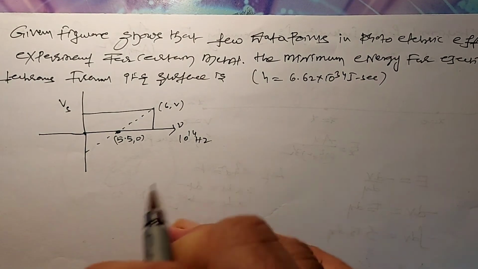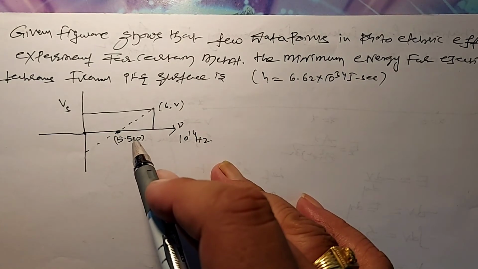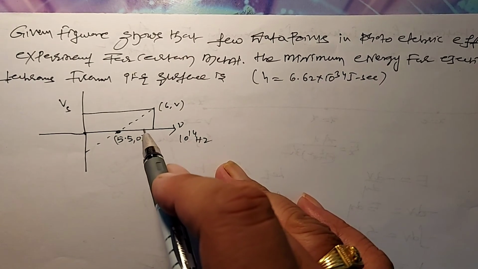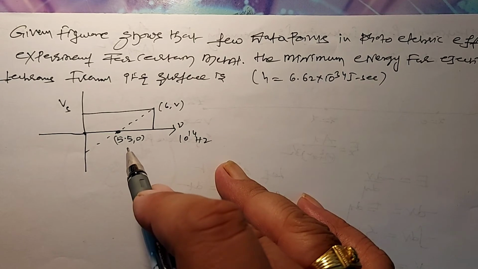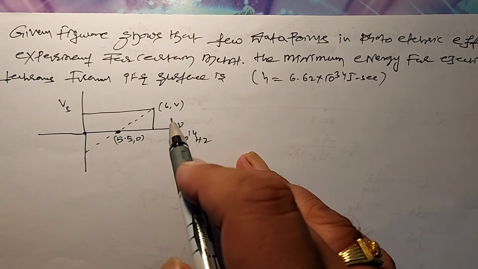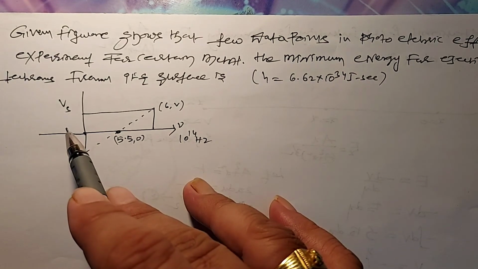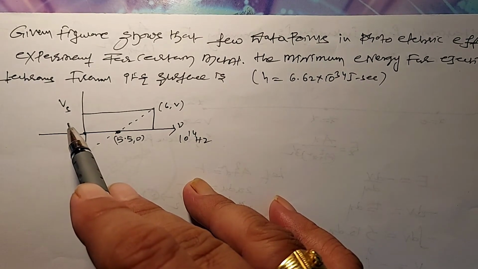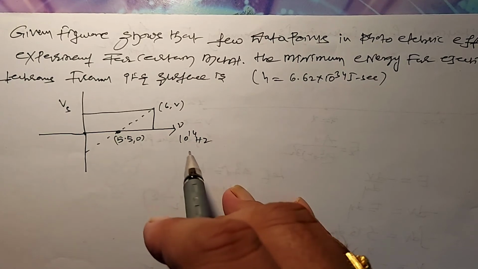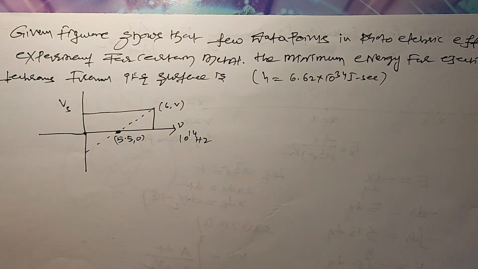Here a few data points are given in a photoelectric experiment: this is 5.5 comma 0, this is 6 comma V. We take stopping potential on the y-axis and frequency on the x-axis.